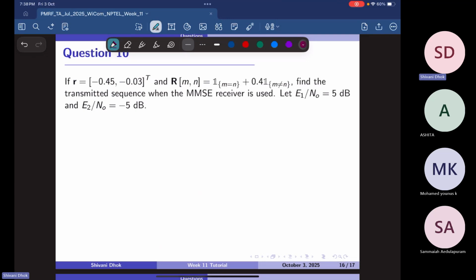Okay, so now I'll just repeat a few things again. This vector R is -0.45, -0.03, and your matrix R is 1, 0.4, 0.4, 1.